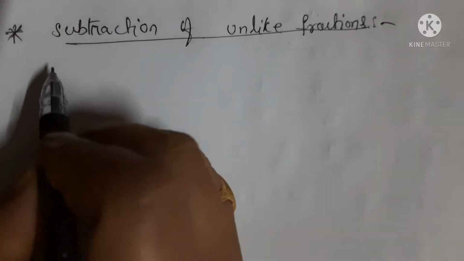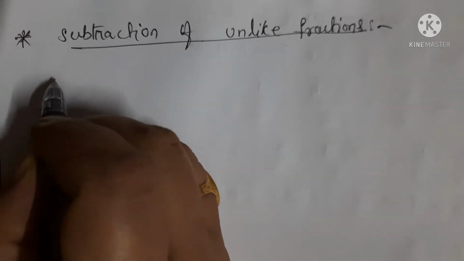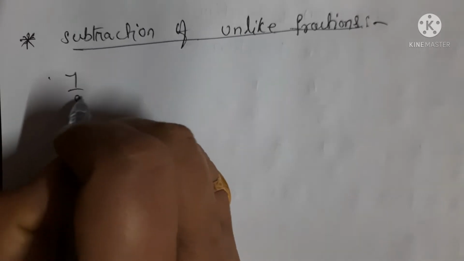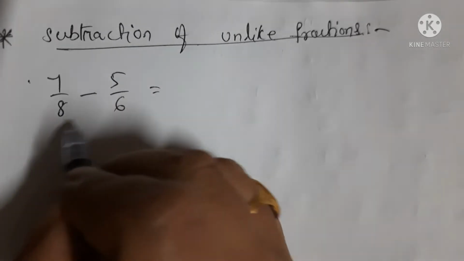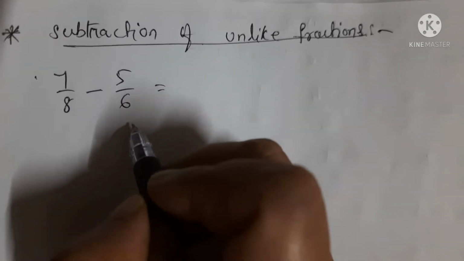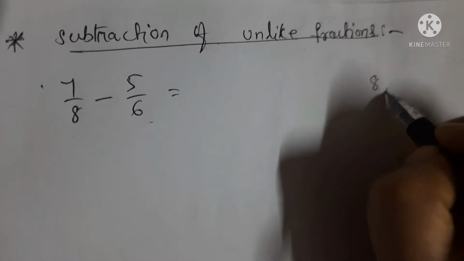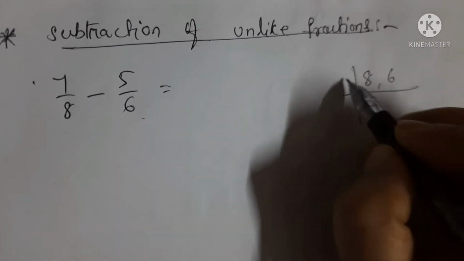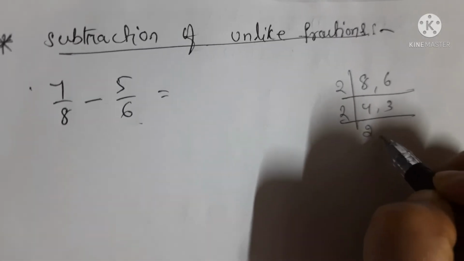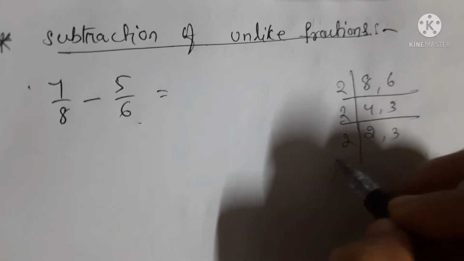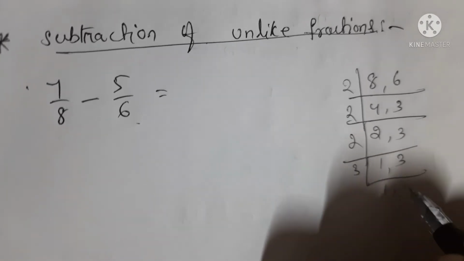Okay, we'll move to the next one, subtraction of unlike fractions. For example, 7/8 minus 5/6 is equal to, these both denominators are not equal. These both are unlike fractions, so we need to take the LCM of both. 2 4s are 4, 2 3s are 6, again 2 2s are 4, 3, again 2 1s are 2 and 3, again 3 1s are 3.